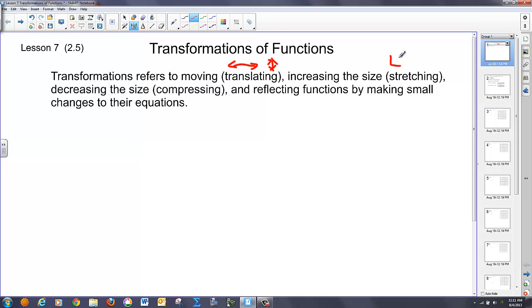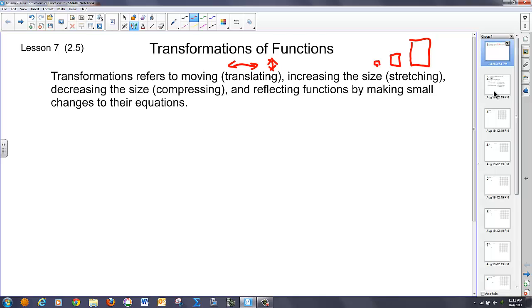In other words, if we have something like this, we blow it up, or decreasing the size by compressing, we shrink it down, right? Or by taking and reflecting over certain lines or points.